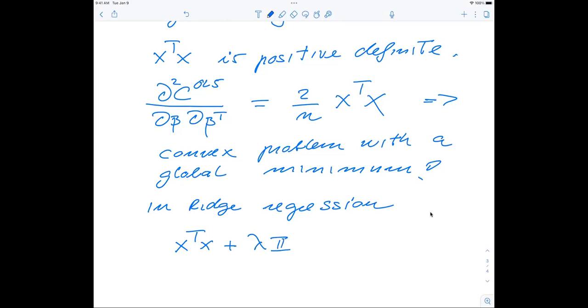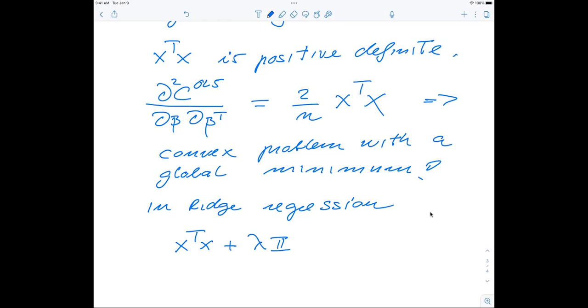And in ridge regression, the second derivative is now going to contain this parameter lambda. Since this lambda is positive, it means that all the eigenvalues are again going to be positive.